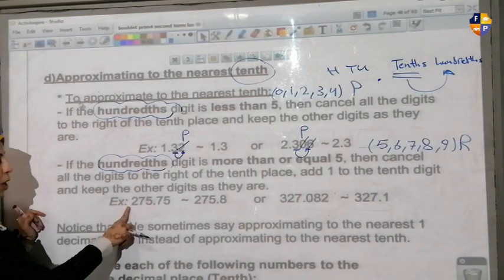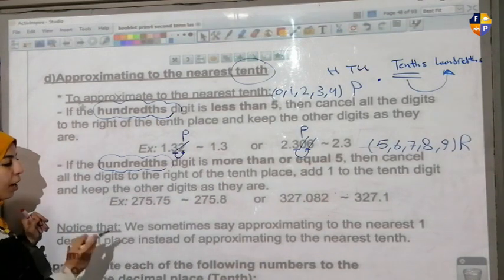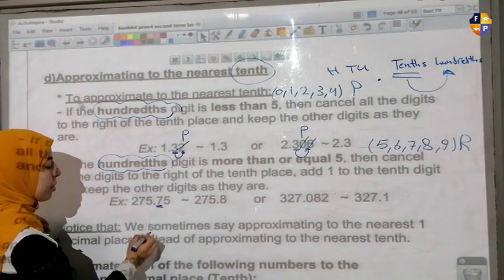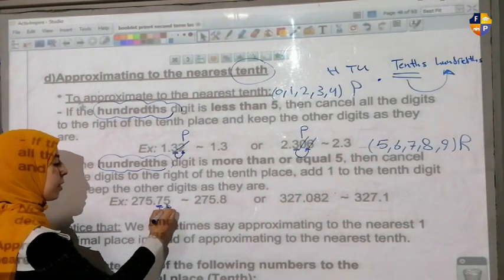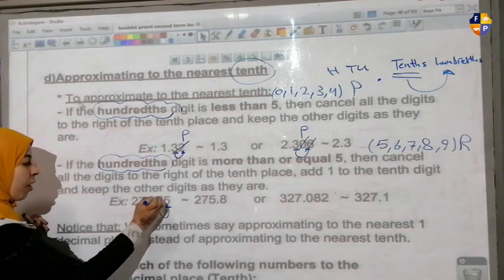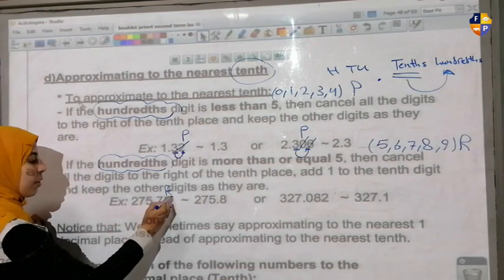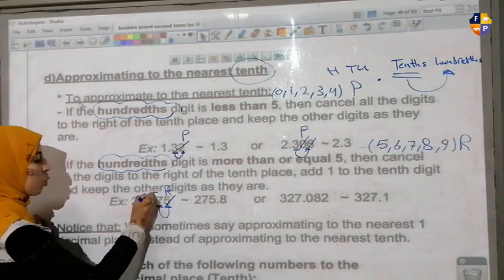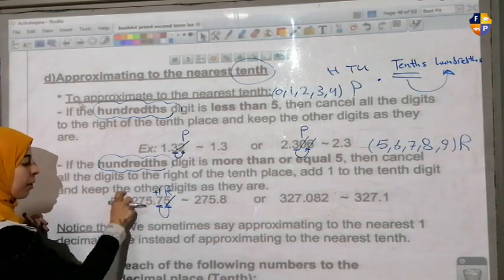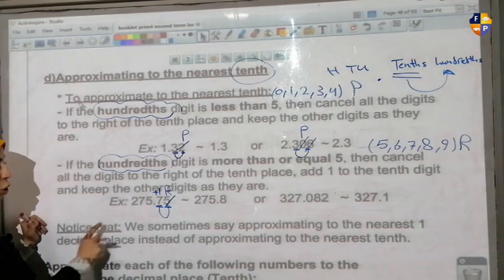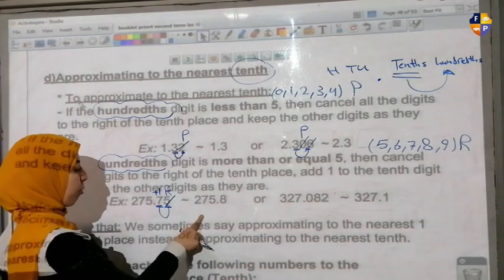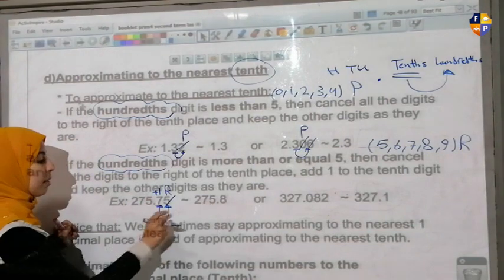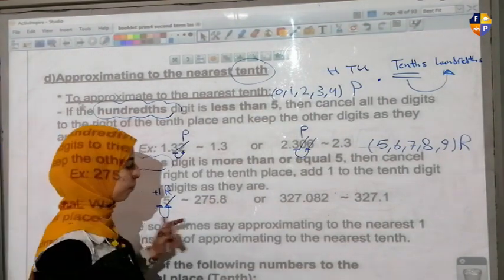Like this, 275.75. Underline the digit in tenths. Look at the digit in hundredths place. 5 is rich. Cancel the digit to the right of tenth, then add 1 to tenths and keep the other digits as they are. So it will be 275.8. 7 plus 1 equals 8.